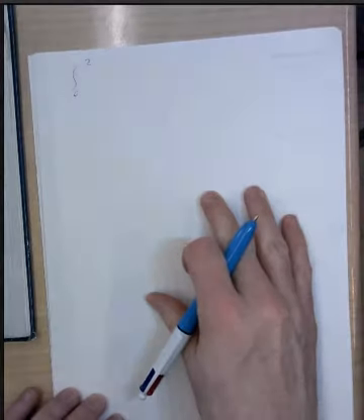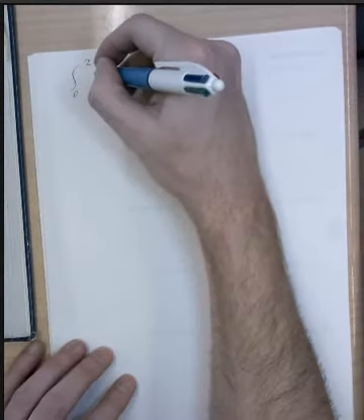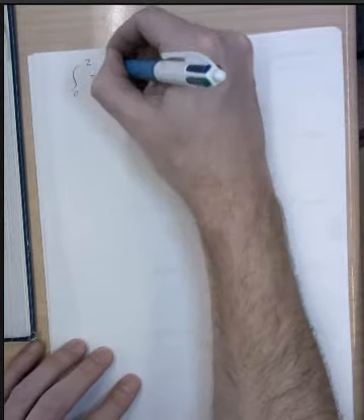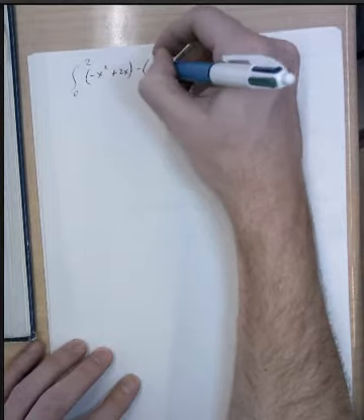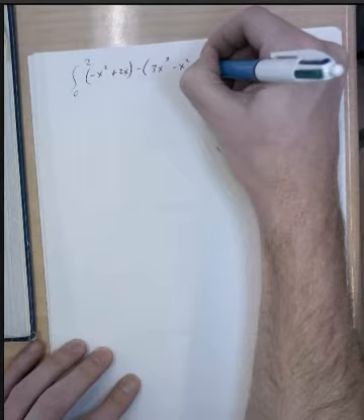I'm going to go with black. I don't think the green is all that good. So 0 to 2 of the quadratic function first, -x squared plus 2x, minus the cubic function, which is 3x cubed minus x squared minus 10x dx.